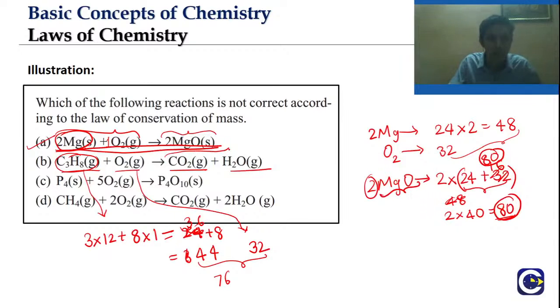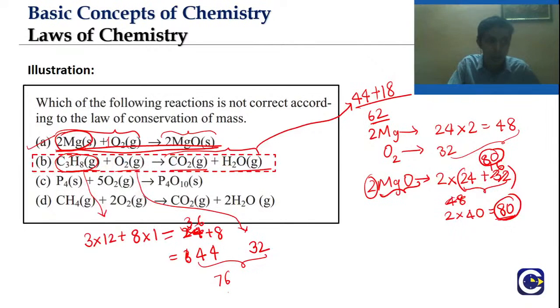On the right side, the molecular weight of CO2 is 44 and the molecular weight of H2O is 18. So 44 plus 18 is 62. Since 76 and 62 are not matching, it does not obey the law of conservation of mass.